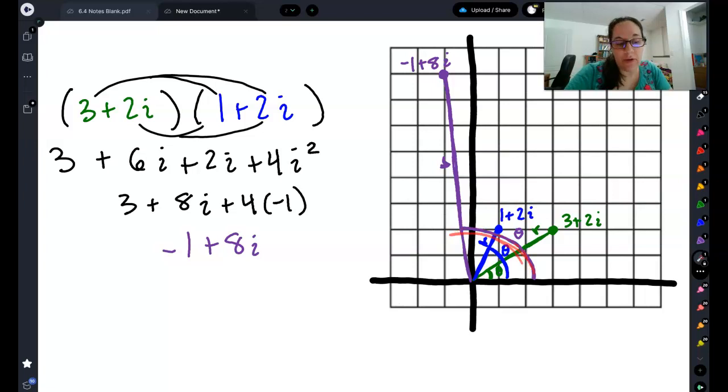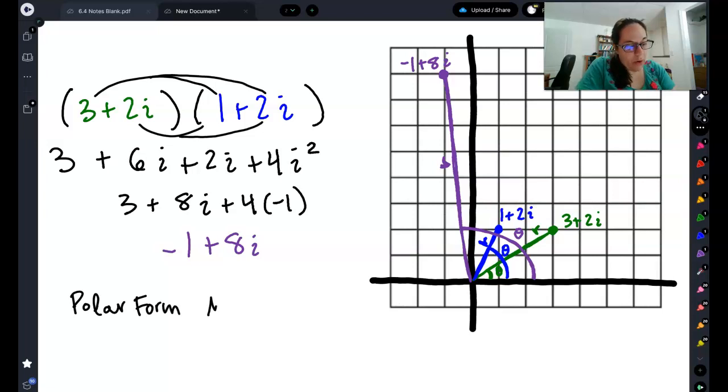You could also notice that with the r's. If you take the blue r and the green r and you multiply them together, you're going to get this purple r. So this is showing us that there is some relationship between these complex numbers when they're written in polar form, which is what we talked about last lesson.